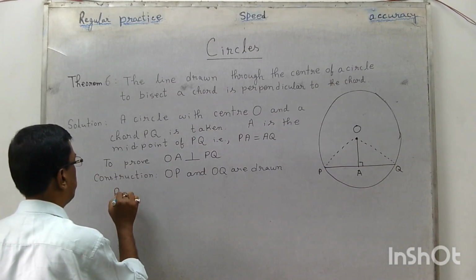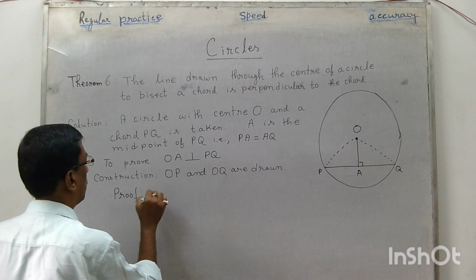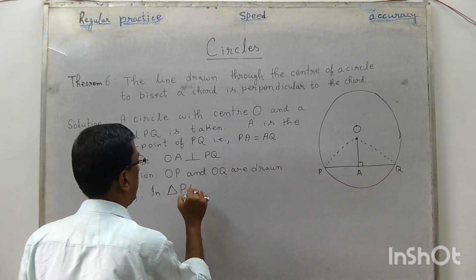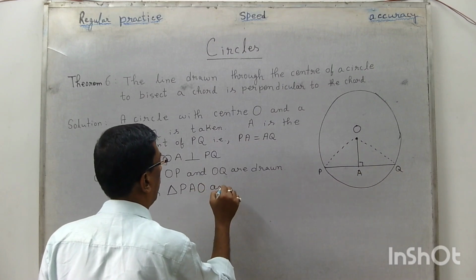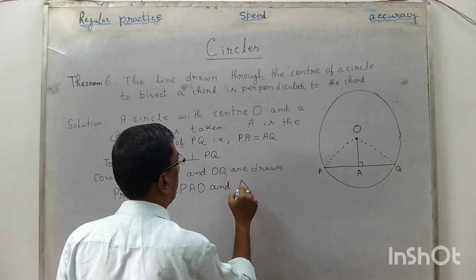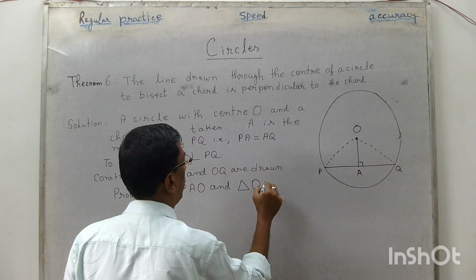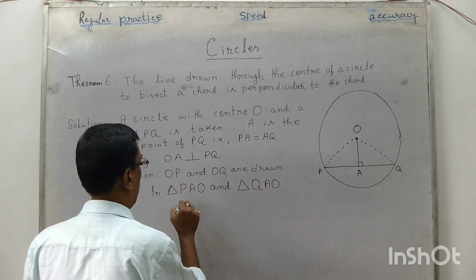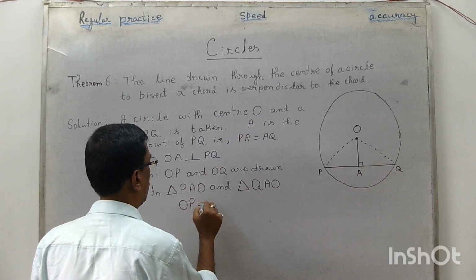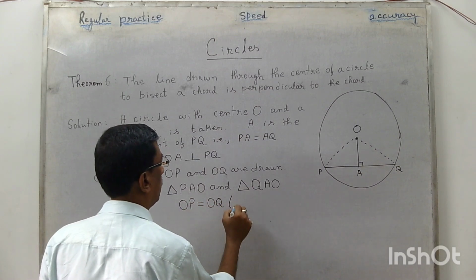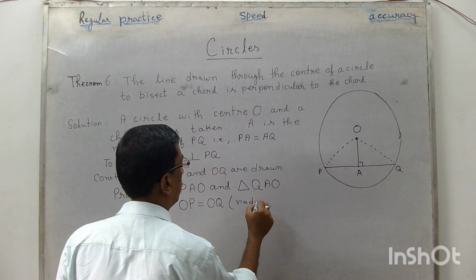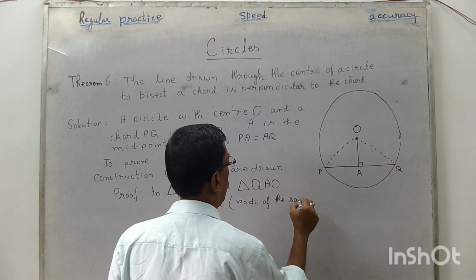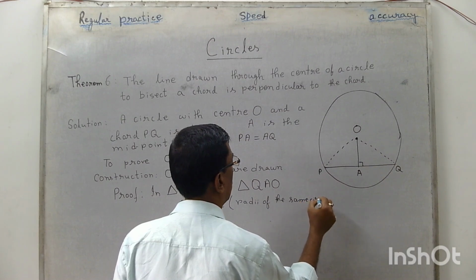Proof, in triangle PAO and triangle QAO, OP equal to OQ, radii of the same circle.